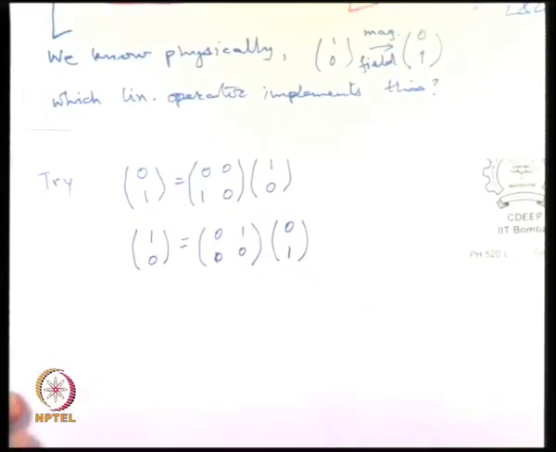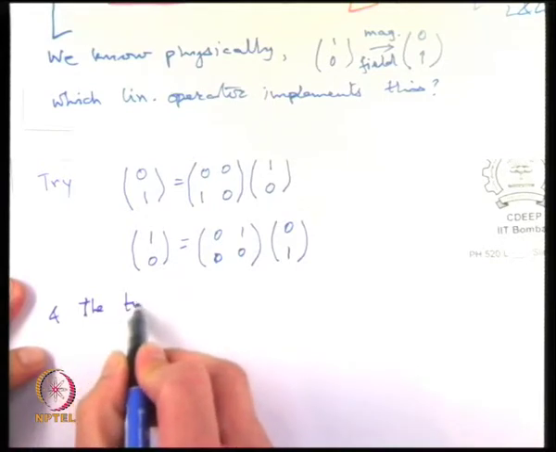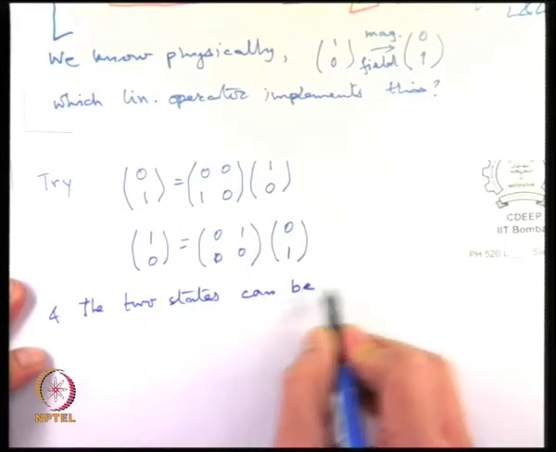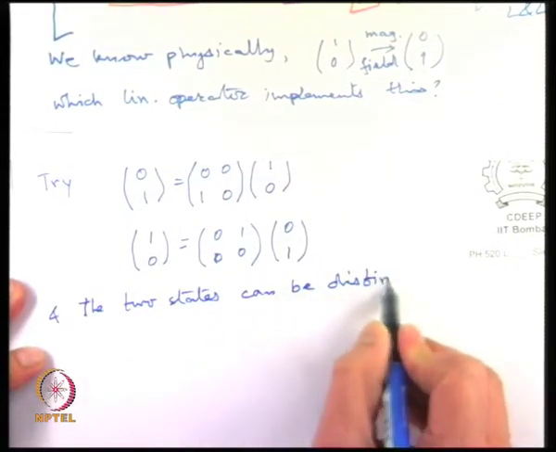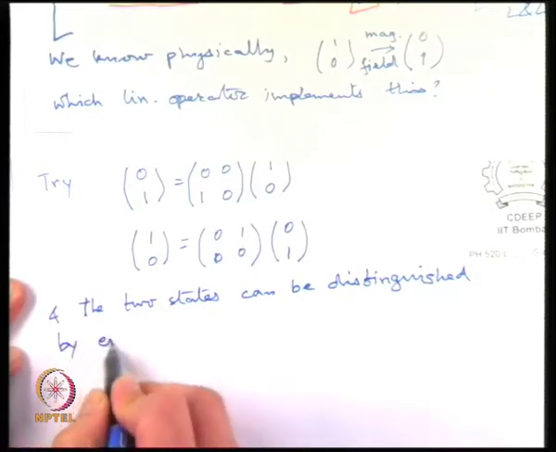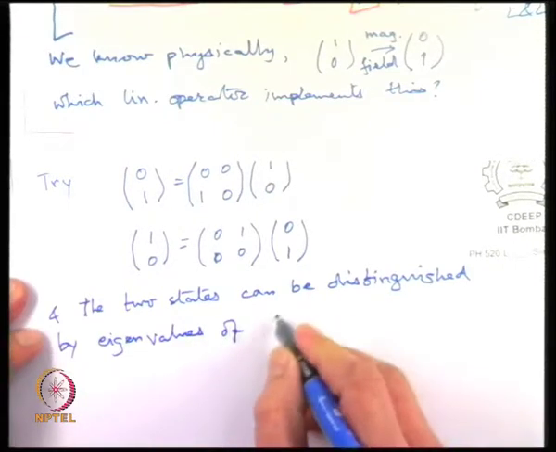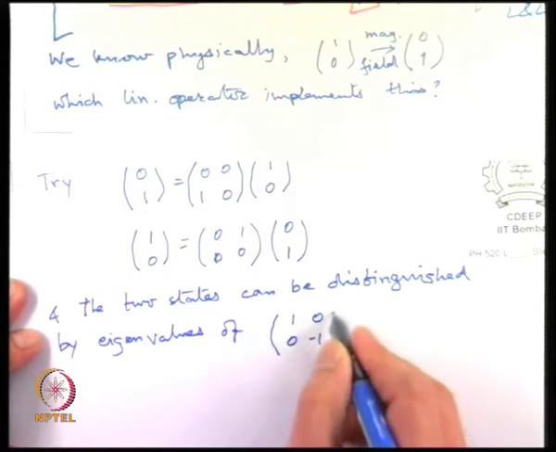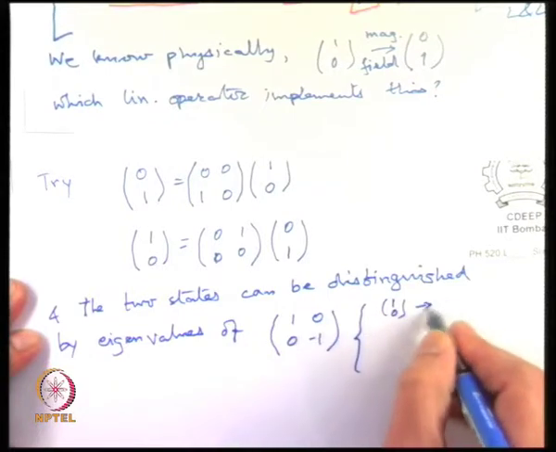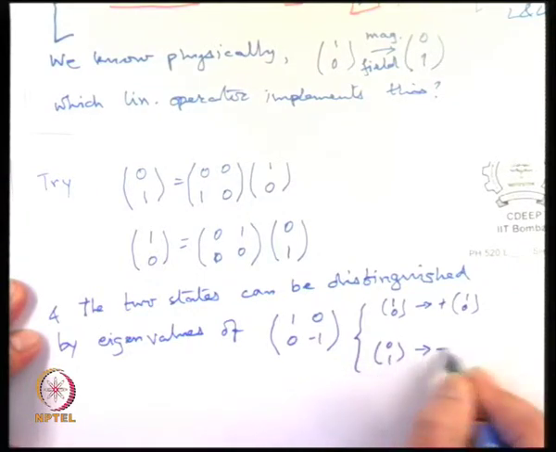And the two states are eigenstates of this matrix 1, 0, 0, minus 1, which on 1, 0 will produce plus 1, 0 and on 0, 1 will produce minus 0, 1. Okay.